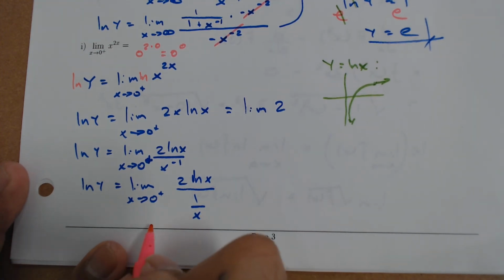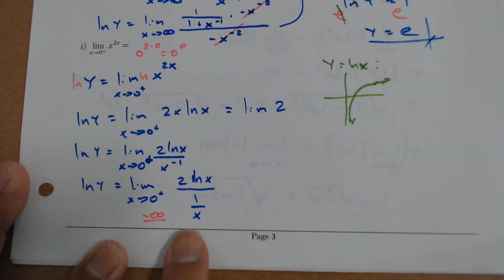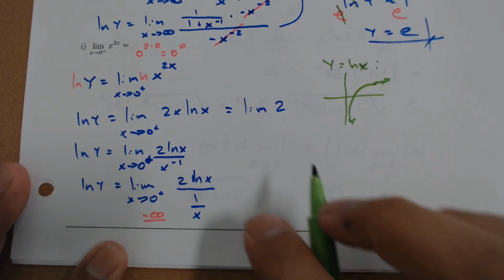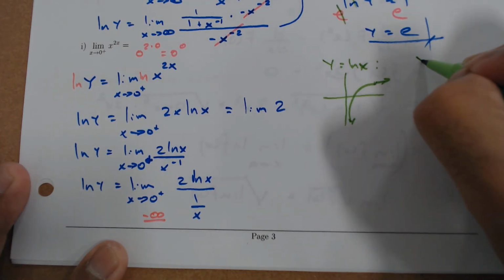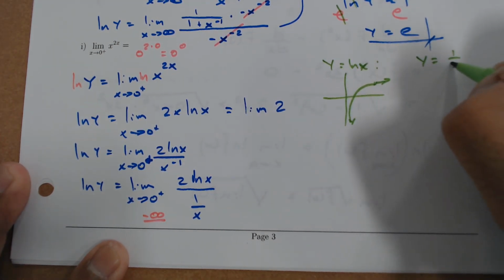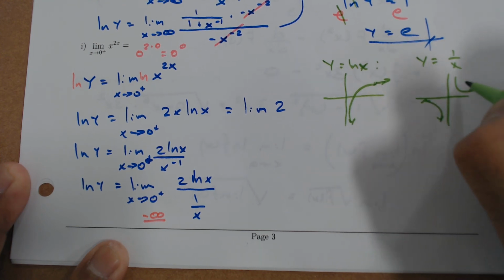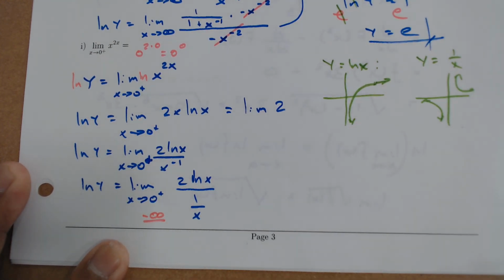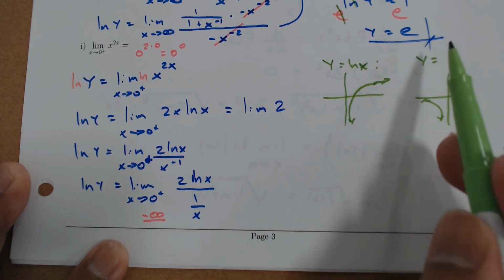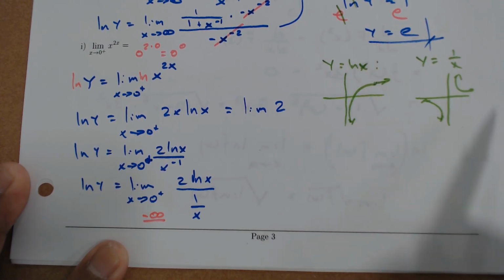All right, that means negative infinity over... let's look at the graph of 1 over x, which looks like this. Now from the right, where is this going to? Positive infinity in this case, right?